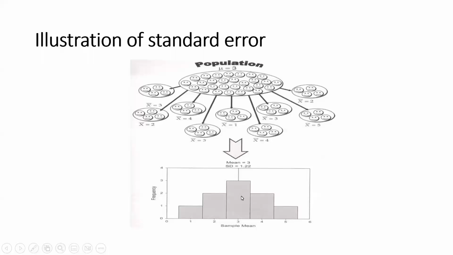Frequency of 3 occurs 3 times. You see 1, 2, 3. And so on and so forth. 4 occurs 2 times. 1 here. Where's the second 4? 2. While 5 occurs once. Mean of 5 occurs once.